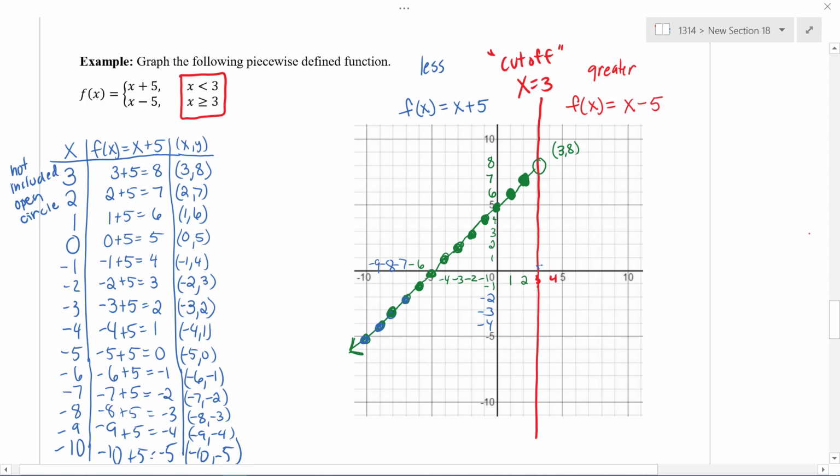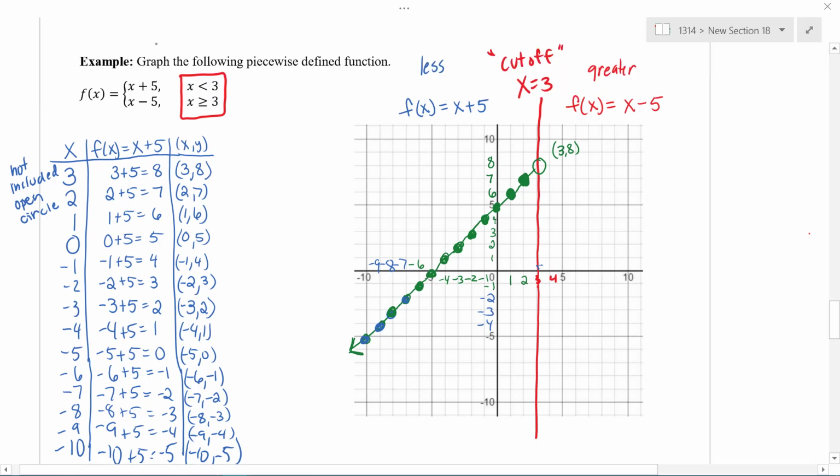Now officially, since this x value is just less than 3, I could choose negative 11, negative 12, negative 13, and so on. But plugging those points in will give us points that just fall off our graph. So since our graph extends beyond the piece of graph paper that I see, I'm going to put an arrow to say I would keep going to the left if I could. But since I can't plot any more points on the graph, I'm just going to put an arrow there.